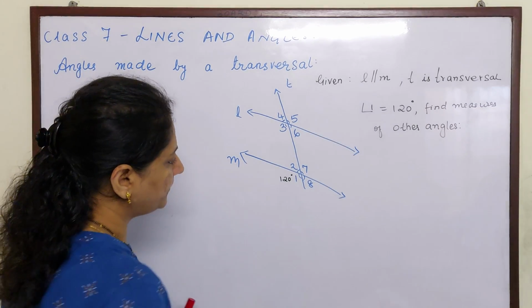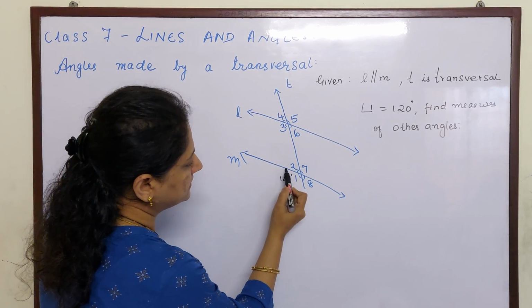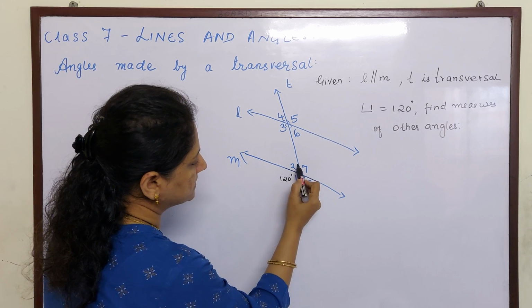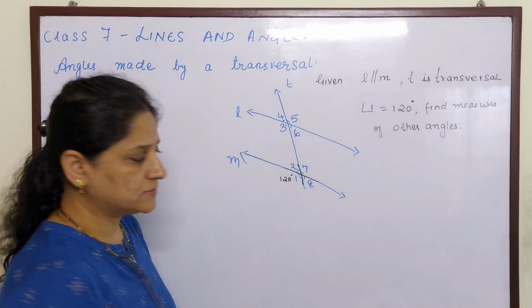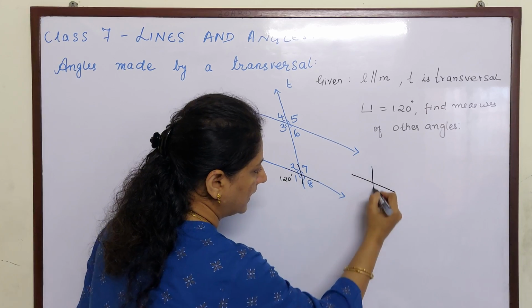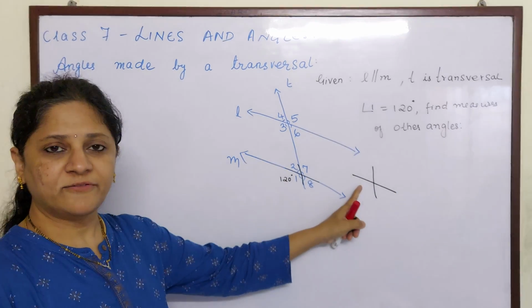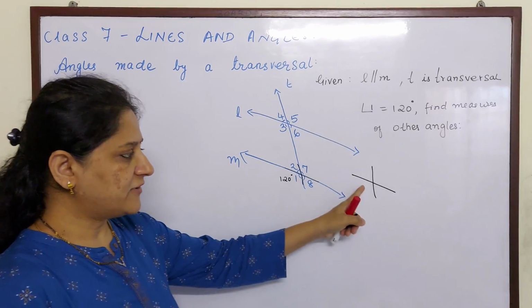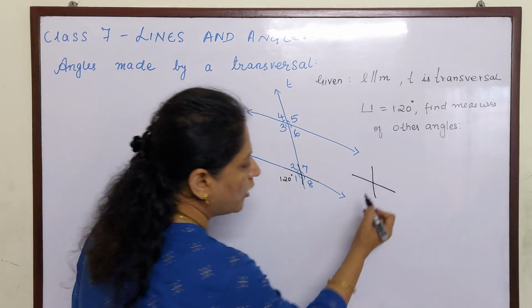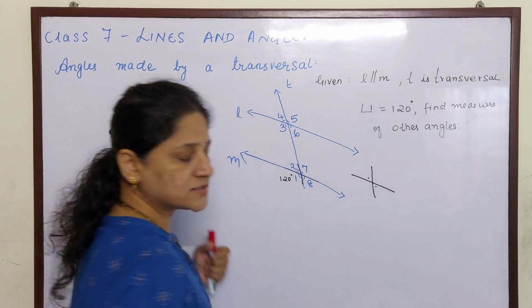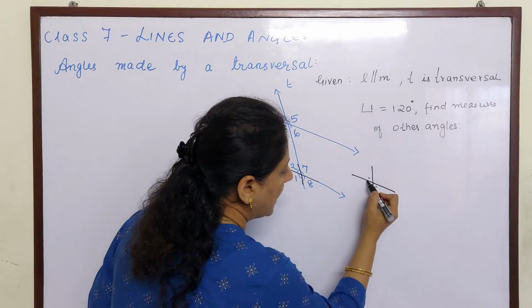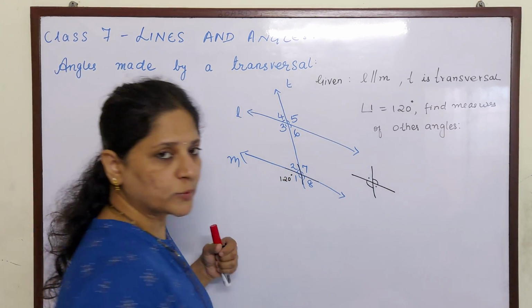So let us start. Now if you see children, this is making a cross in this way, and what have we learnt in our previous lecture? That whenever there is a cross, the opposite angles are known as vertically opposite angles and that they are congruent, right?